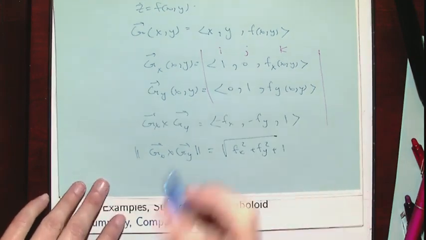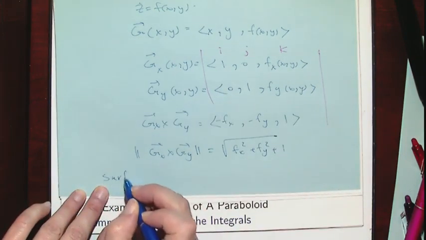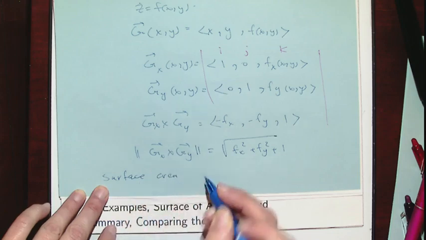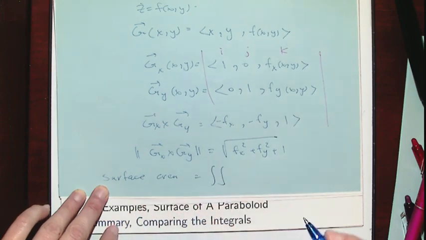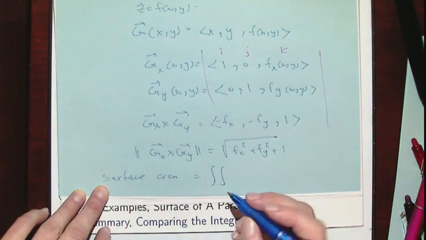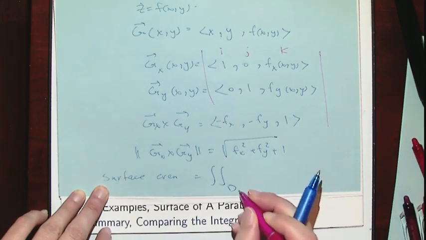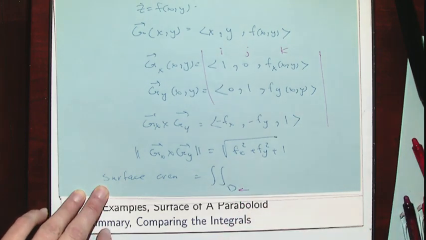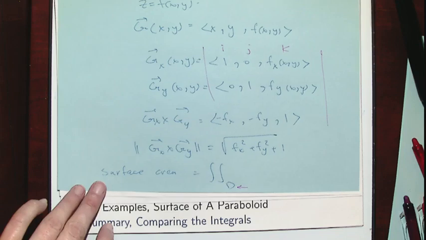Agreed? So the surface area is a double integral over D, the domain of the function, because the domain of the function and the domain of the parameters are the same.